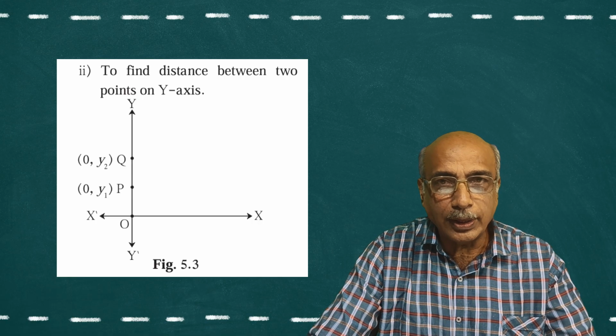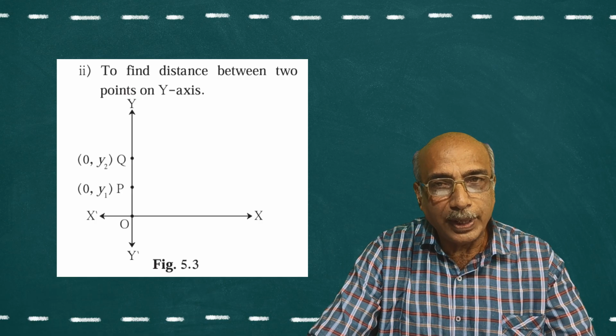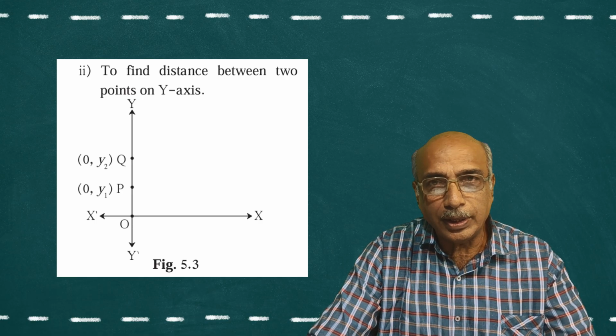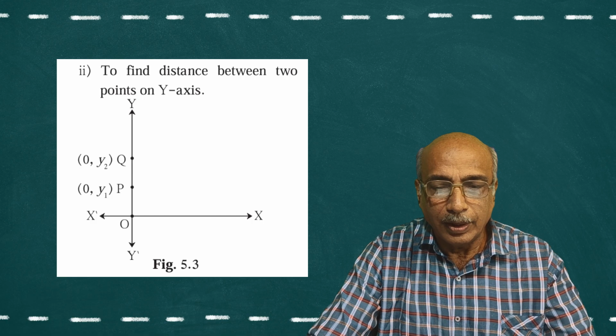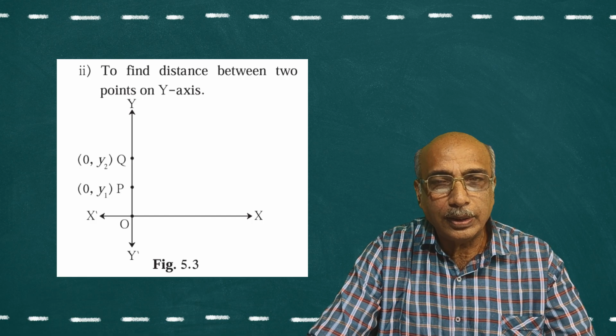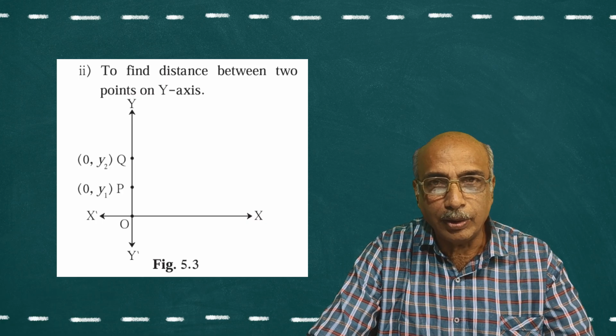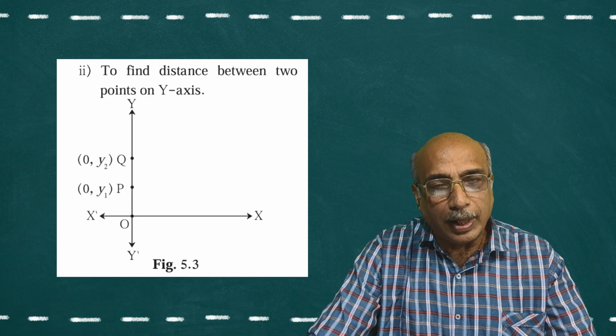To find out the distance between PQ, we will take y2 minus y1, because here y2 is the greater coordinate, and y1 is the smaller coordinate. Thus we can find out the distance between the 2 points if the 2 points are lying on x-axis or y-axis.